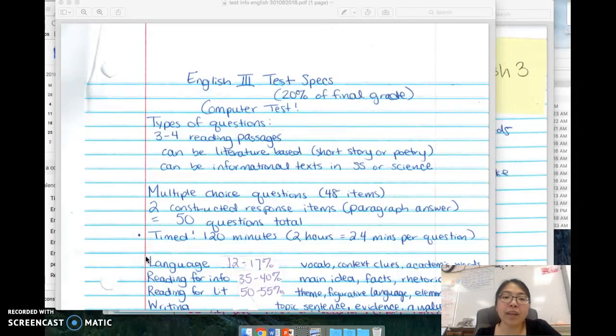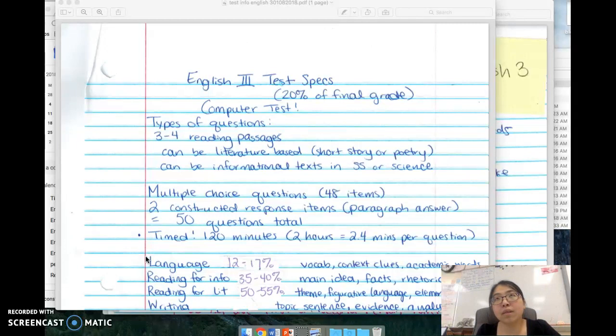So on the English 3 test, you will find 3 to 4 reading passages, and they aren't passages that are going to be super fun. They're probably going to be American literature or American nonfiction texts. It can be a short story, it could be a poem, it can also be just informational text in social studies or in the sciences.